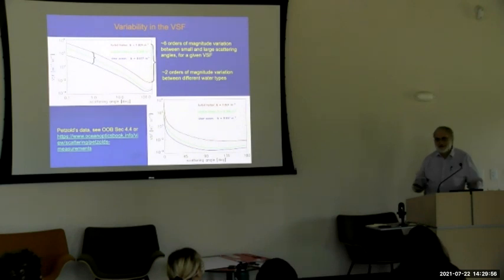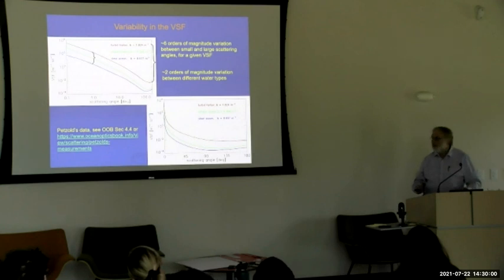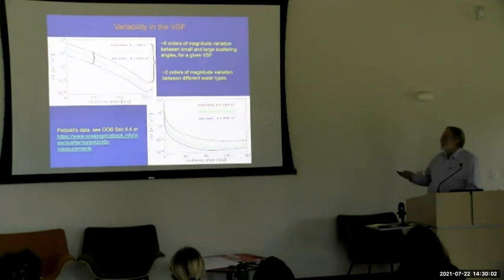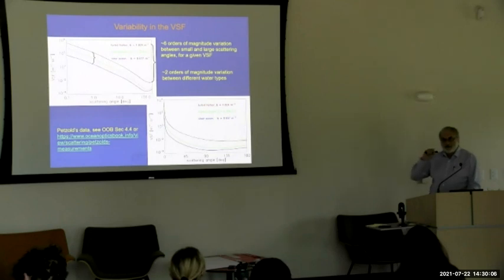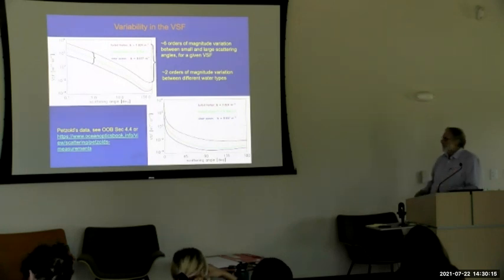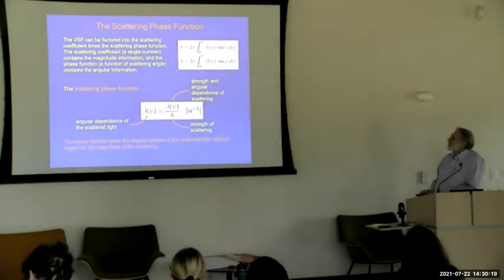And they were perfectly good measurements for the water Petzold was in. But you should not expect Petzold's coastal ocean water, which was off the coast of California, to be the same as the coastal water that's 10 kilometers offshore here. Different particles, and so on.